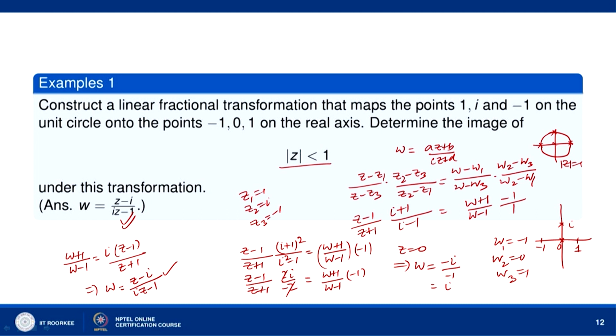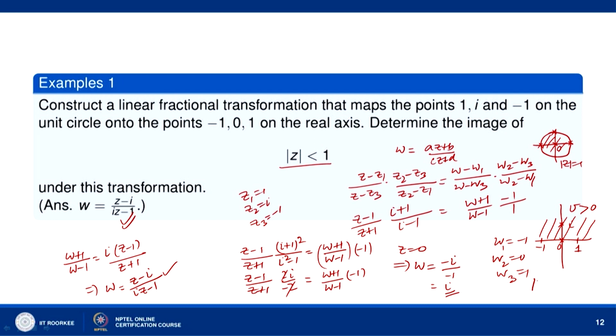And we are now looking for the interior of mod z equal to 1, where does it go. So, we have taken a test point z equal to 0 and we found the image of z equal to 0 under the bilinear transformation w equal to (z minus i) over (i z minus 1) as i, and we see that i lies in the upper half of the w plane. So, this means that the upper half of the w plane is the image of mod z less than 1. Upper half of the w plane means b greater than 0.